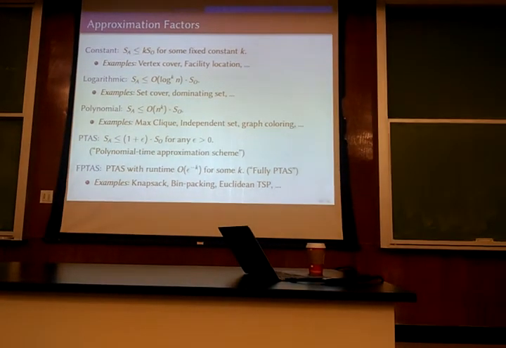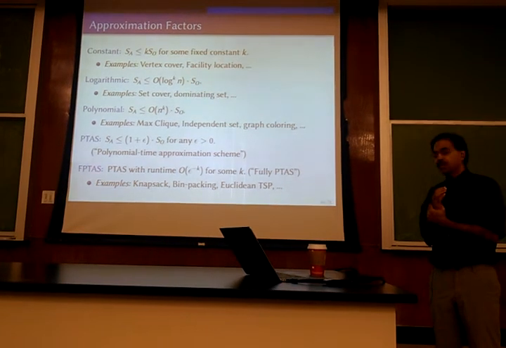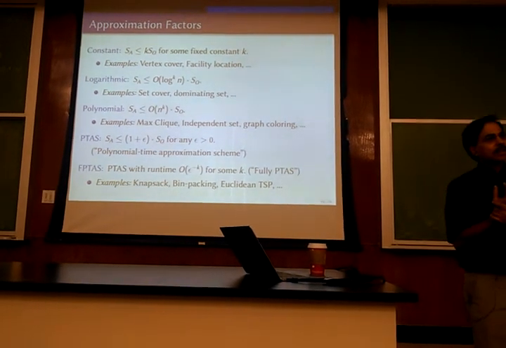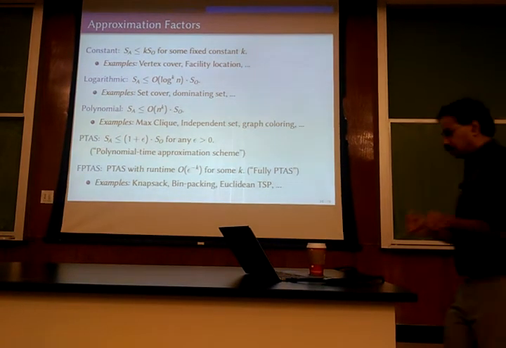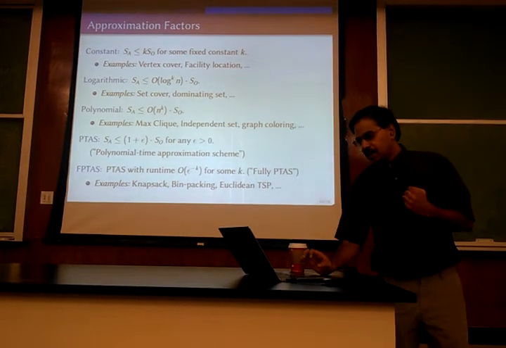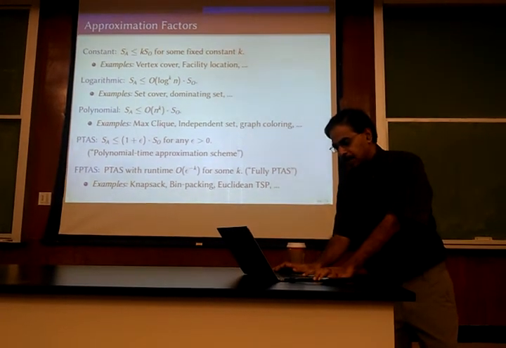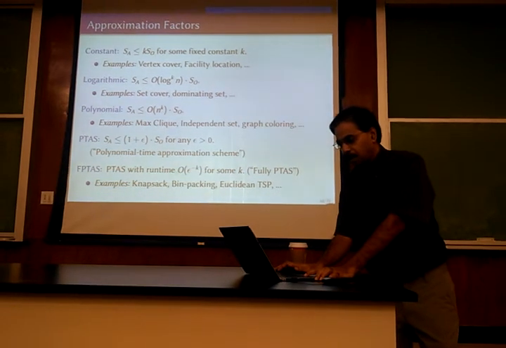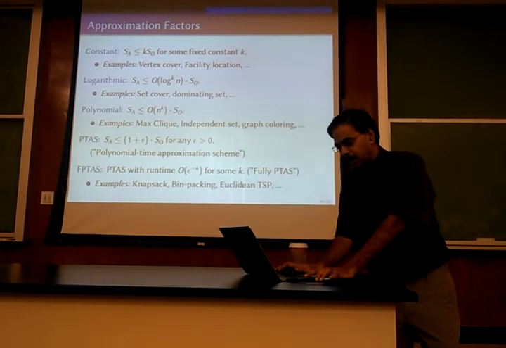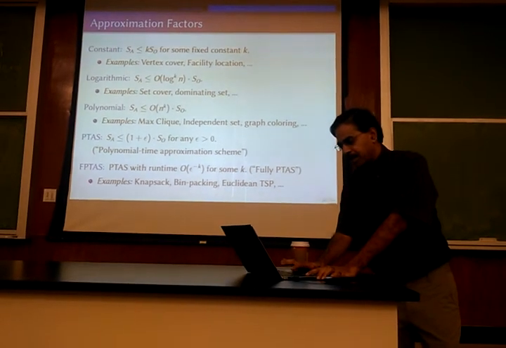It's not always easy to come up with these sorts of schemes, but we will go through one example to give you a flavor of how you can design approximation schemes where you get closer and closer to the optimal solution by increasing the computation costs only polynomially.